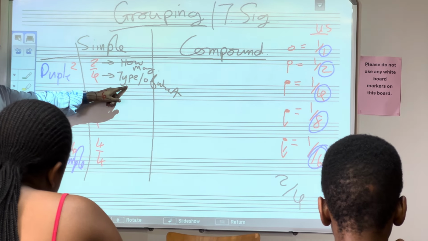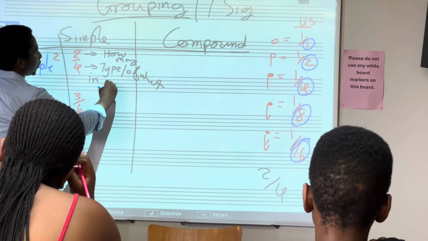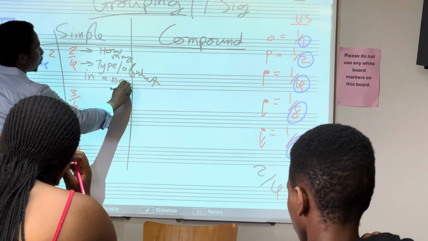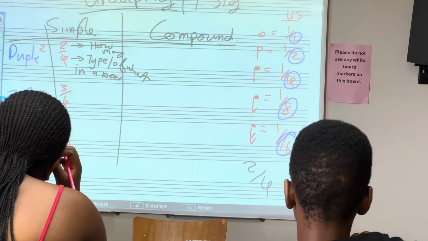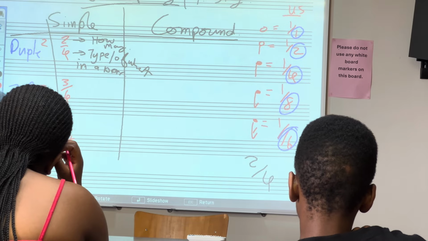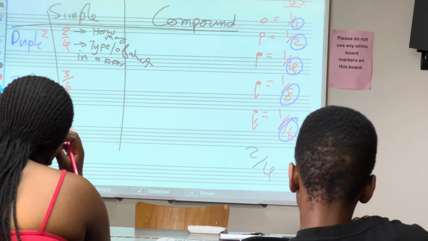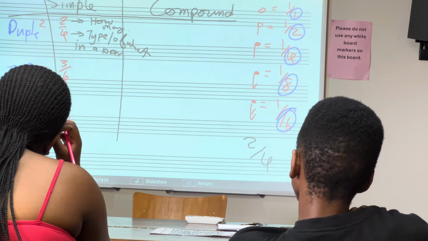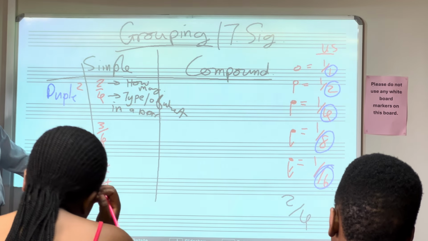How many of what in a bar, in each bar. Here you have 3 of this in a bar. So within one bar, you must have 3 crotchet beats, not more or less. Same thing here, you have 4 crotchet beats.